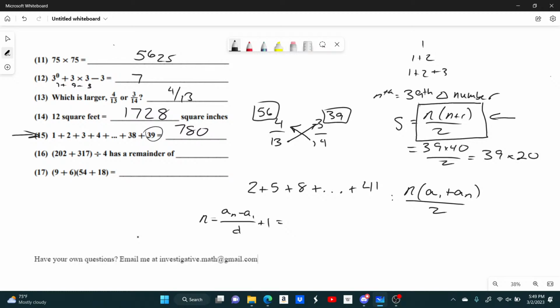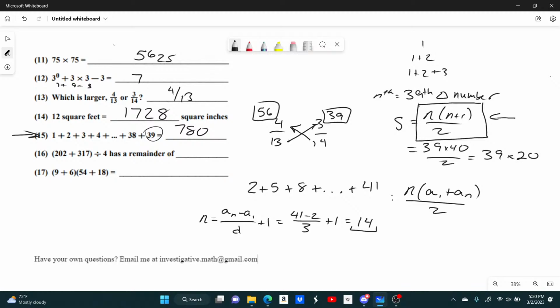In this case, to find the number of terms, it's going to be 41 minus 2, and then divided by 3, and then you always have to add this 1. So 41 minus 2 is 39, divided by 3 is 13, plus 1, that's 14. So there's 14 terms in this series.